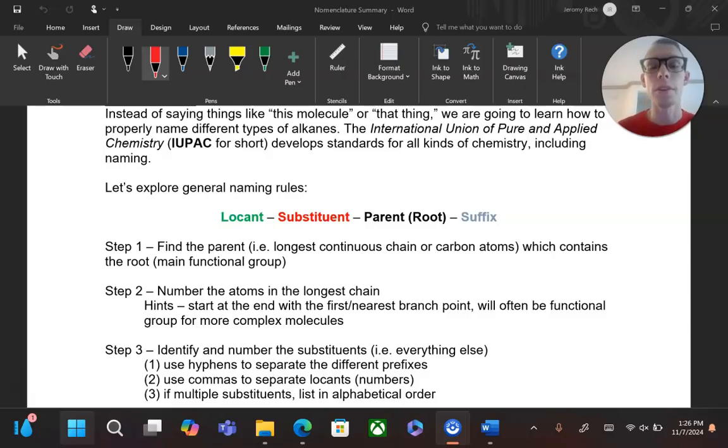Where it gets a little bit more interesting, and we're going to talk about it in a second, is if you have different functional groups, for example, an alcohol or a carboxylic acid or a ketone that you're going to include. Next, you're going to count your total numbers and give them your locants, 1, 2, 3, 4, 5, and then describe all of the substituents, everything else that you have on your molecule, and arrange those alphabetically by your substituent.